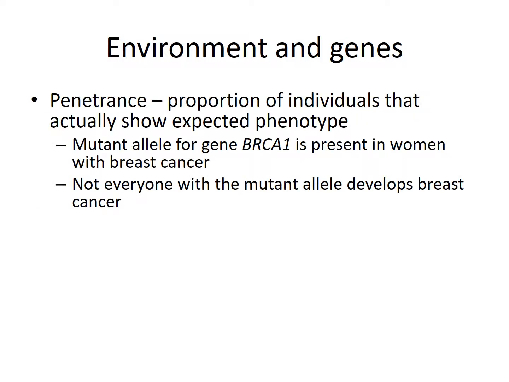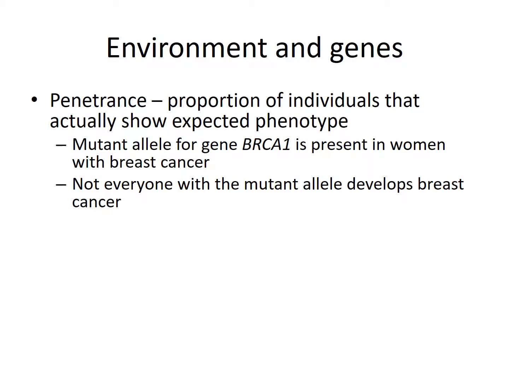Another thing that we can measure in the environment is something called penetrance. Penetrance tells us how often a gene is expressed in someone that actually has it. The common example that your book uses and something that's out there a lot is the BRCA1 gene. This is present in women that have breast cancer a lot of times, or a mutant allele of it is present in women that have breast cancer, I should say.